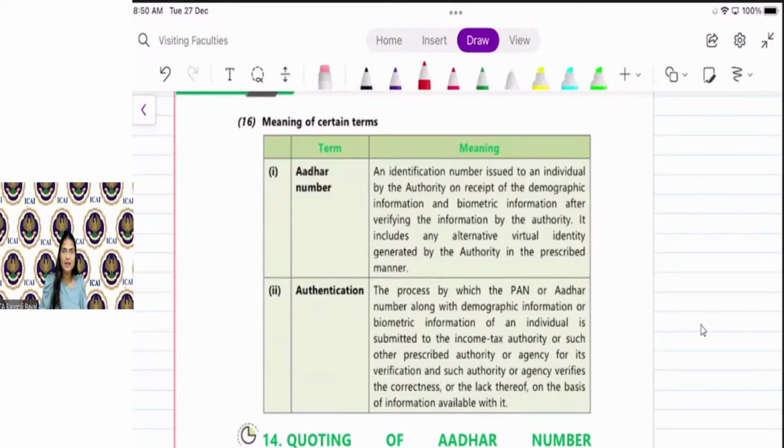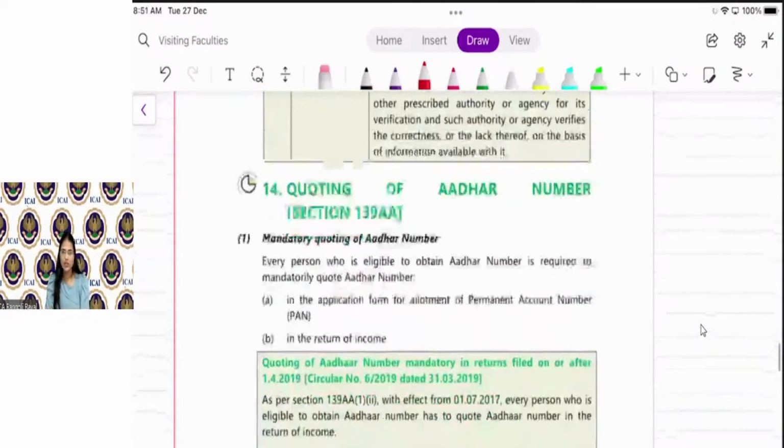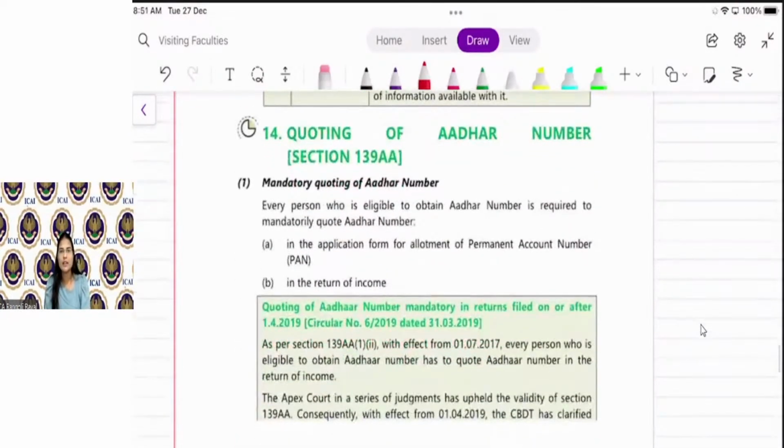Authentication is the process by which PAN or Aadhaar number along with demographic information or biometric information of an individual is submitted to the income tax authority or such other prescribed authority. So you have your name, your surname, both are same. Your date of birth should be same in Aadhaar as well as in PAN. That is the authentication.